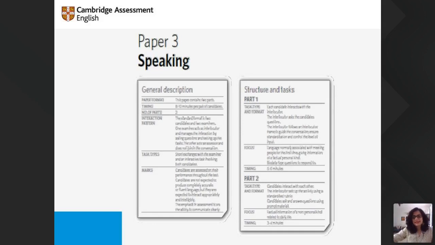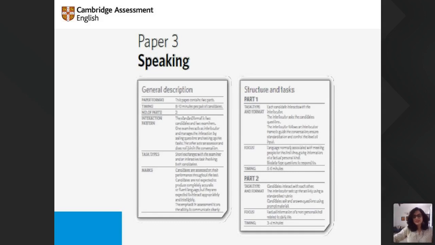So it says that the exam has two parts, and then it gives you the description of the interaction pattern, as in what kind of communication they are expecting in that particular exam task, and then the task type. So, what does each task type kind of cover and assess, and then how candidates are scored. So the marks, the way they are assessed, and the areas for which they are assessed.